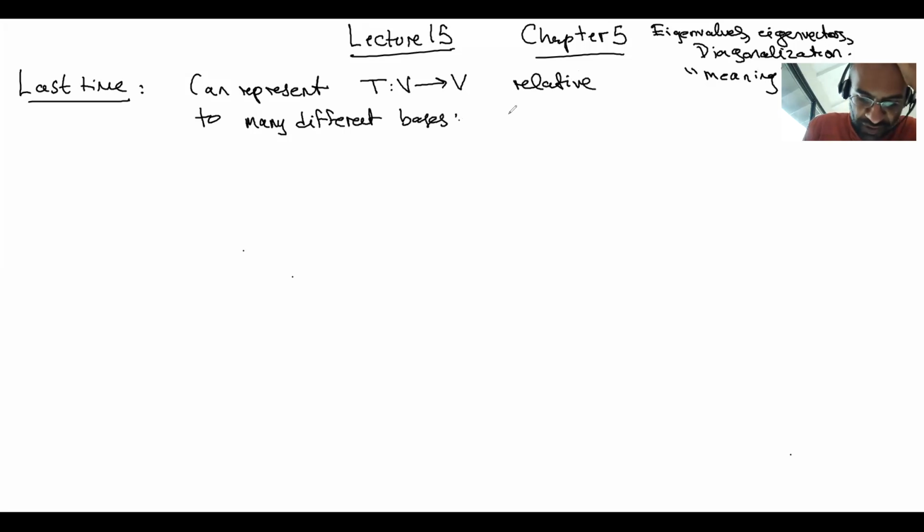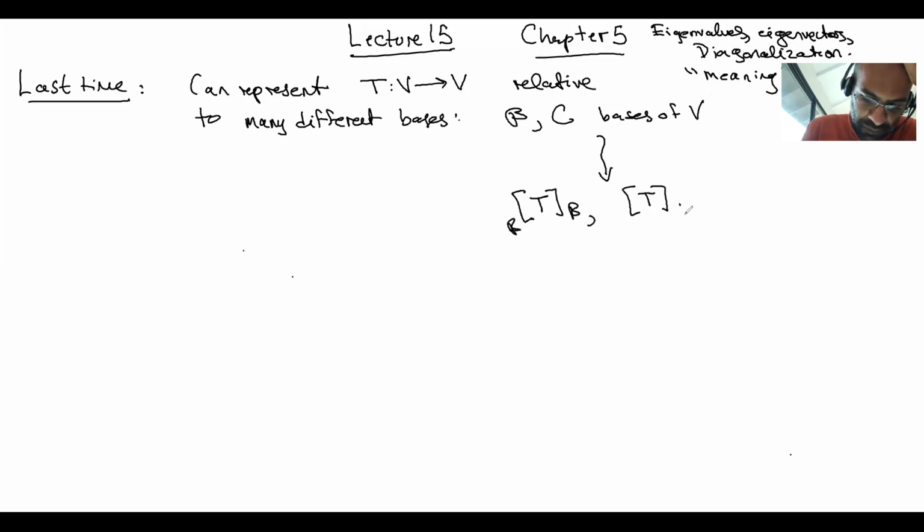So we saw an example where if you have 2 different bases of V, then you get 2 different matrices of T with respect to these bases, right? So if you have different bases, you can represent the linear transformation using different matrices.